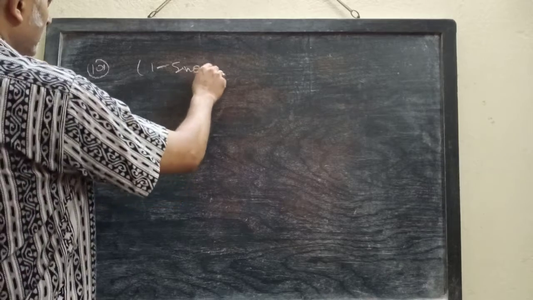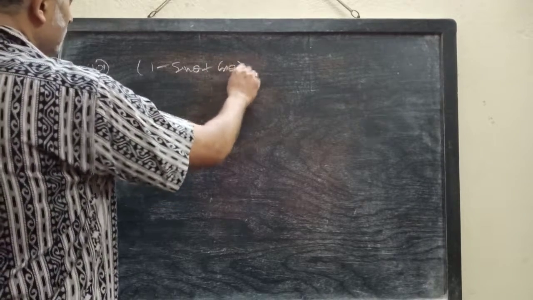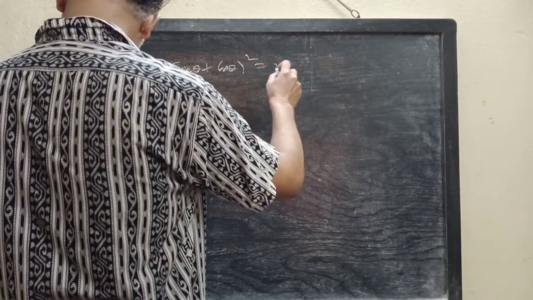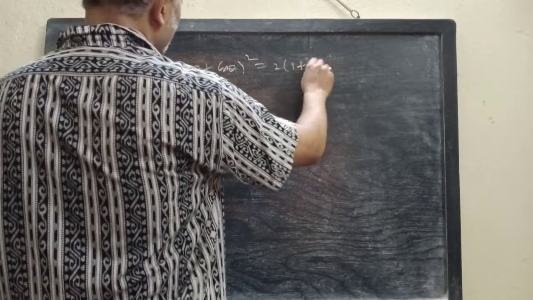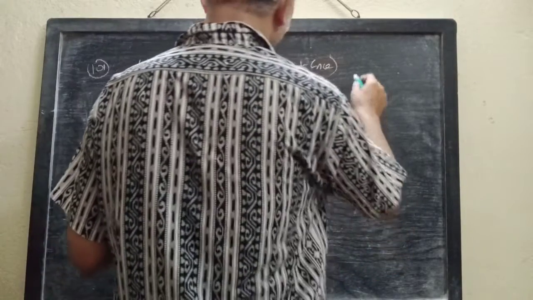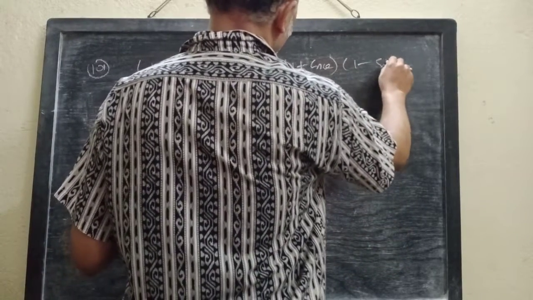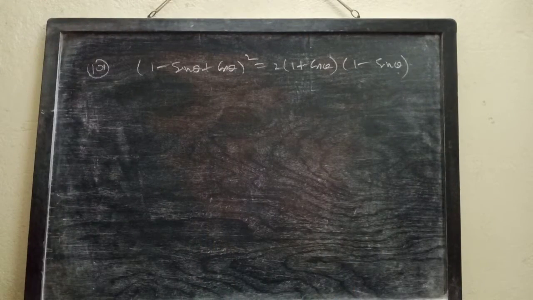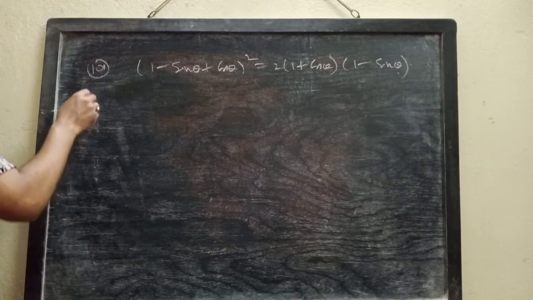Minus sin theta plus cos theta whole square is equal to 2 into 1 plus cos theta into 1 minus sin theta. LHS.